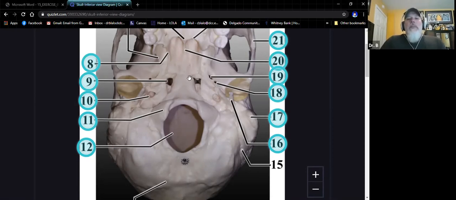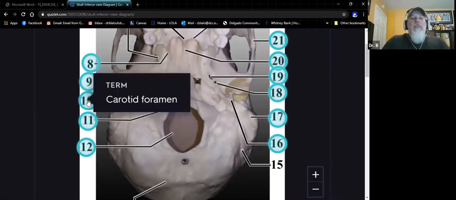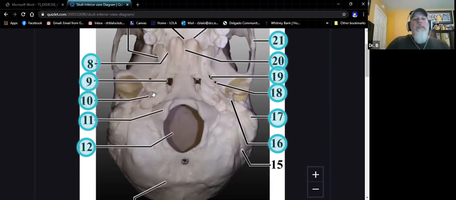The next foramen that we have is this one right here, okay, and the other one we can't really see as well. It's kind of hidden right back over here. But this is the carotid foramen, or the carotid canal. You'll see it listed both ways. That is where the internal carotid artery is going to pass, which is going to keep your brain alive.